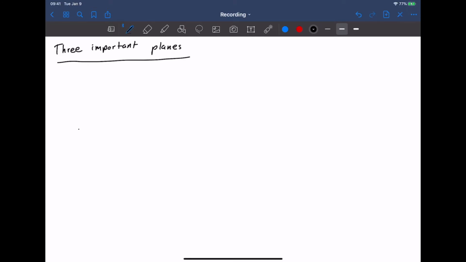Each time I'm going to be drawing on my X, Y, Z axes system. In this system, we'll draw the XY plane in blue.